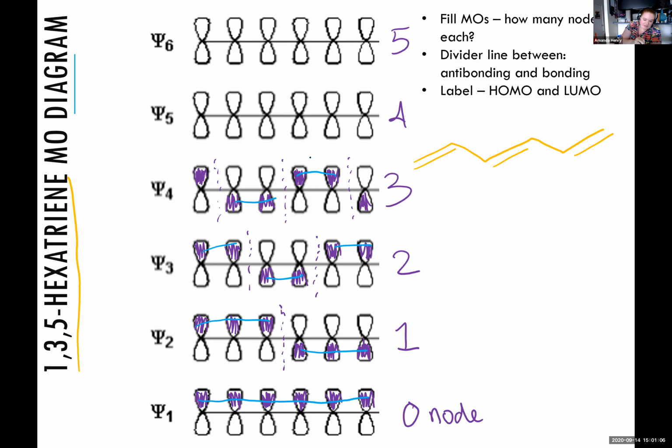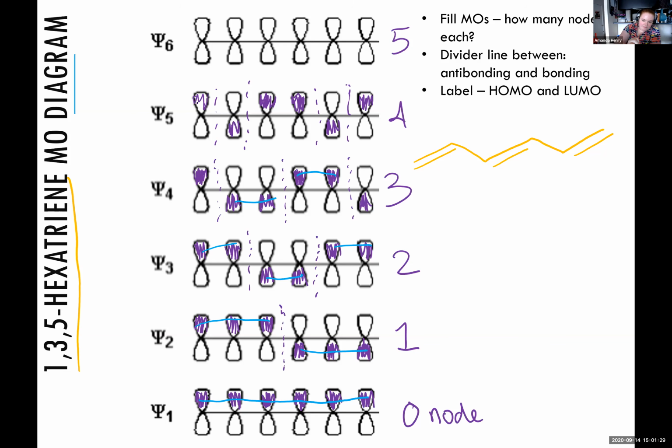And then as we go to the next one, we will have our 4 nodes. The only overlapping is going to happen right here in the middle, and then we have the 2 isolated ones.